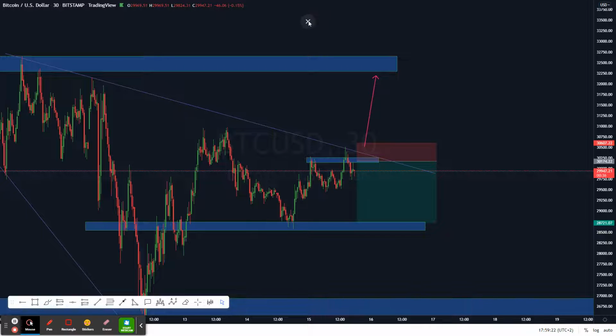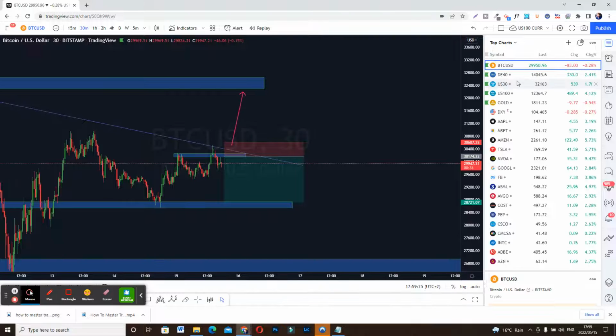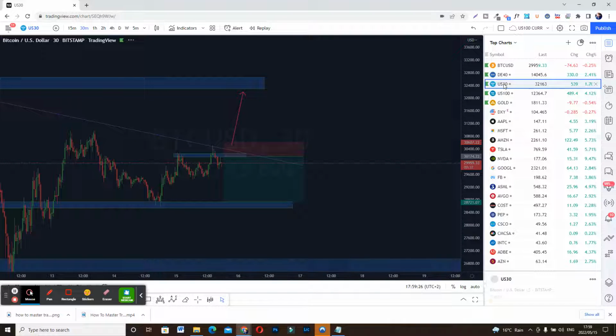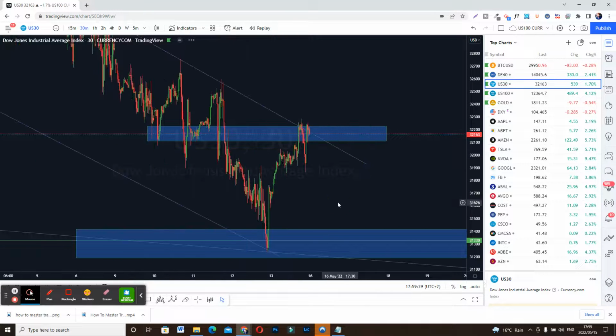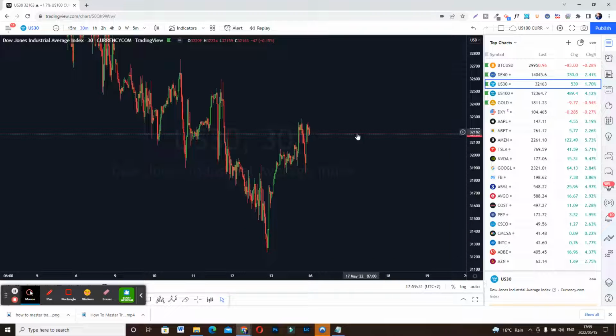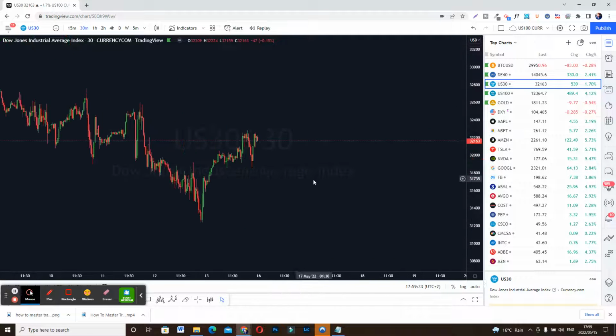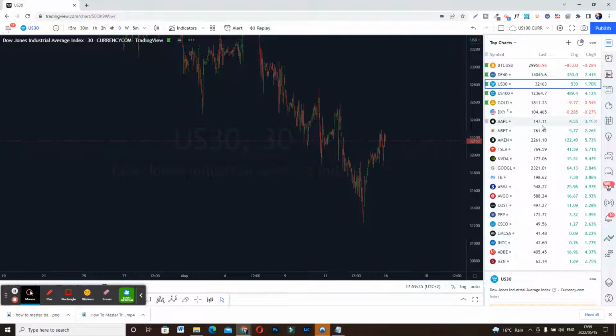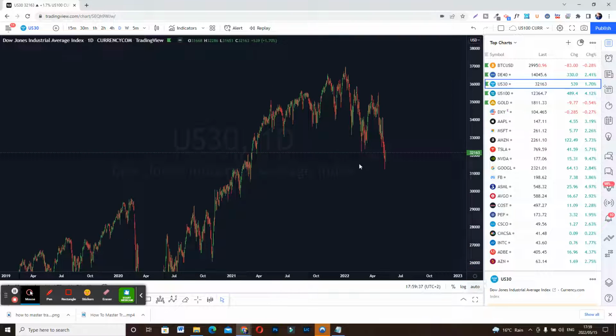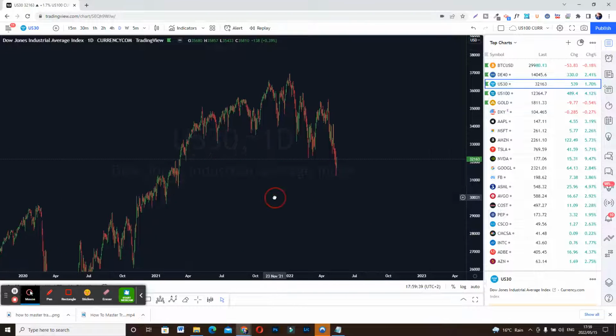Okay, let's move on to the next chart, and let's look at the chart of maybe US30. We'll remove everything, all the drawings, so we can begin afresh on a daily. Let's look at our high.